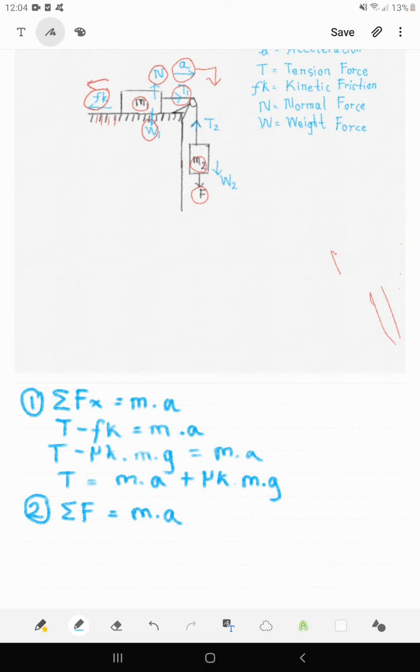From the sigma Fy, it works by W minus T equals m times a. The weight force formula is m times g. So the result will be m times g minus T equals m times a. This result will be the second equation.